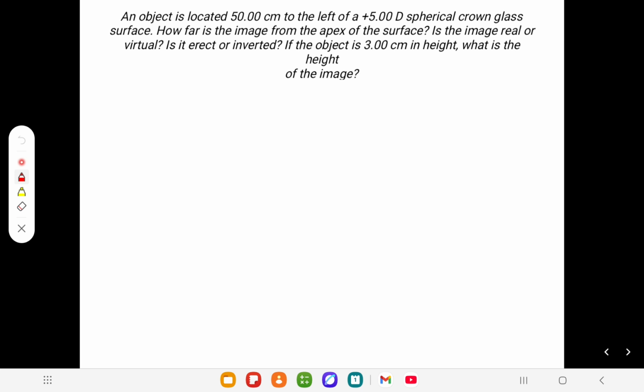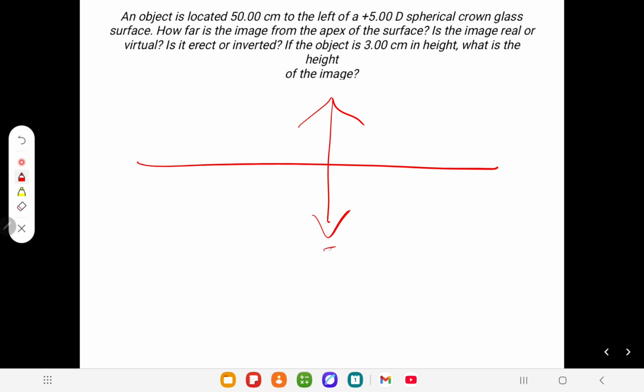An object is located 50 centimeter to the left of a plus 5 diopter spherical lens. Let's draw it. If it is plus, we draw it like this; if it is negative, we draw it like this. Now it's positive, and we know it's 5 diopter, so let's take this as 5 diopter plus.